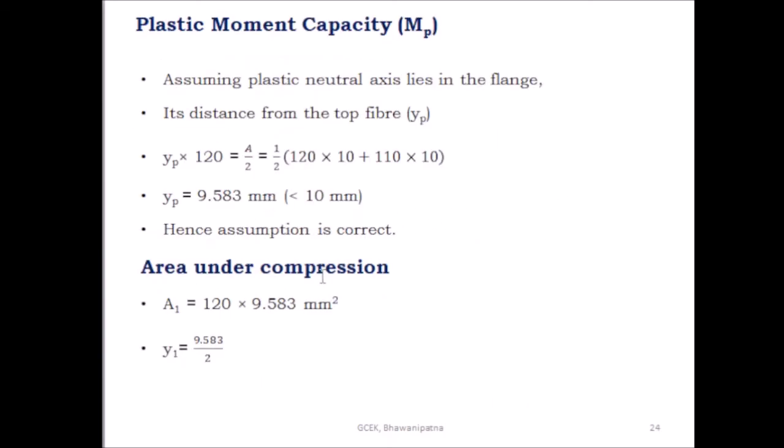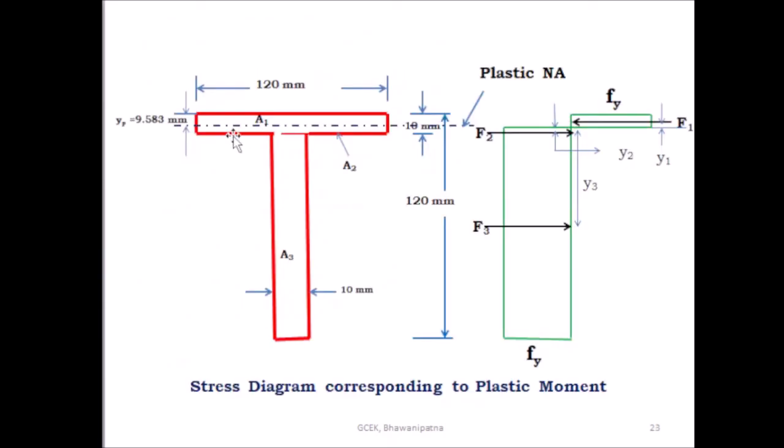So this is the area under compression, A1, which is 120 into 9.583. Then A2: the total thickness is 10, and this portion is 9.583, so this thickness into 120.